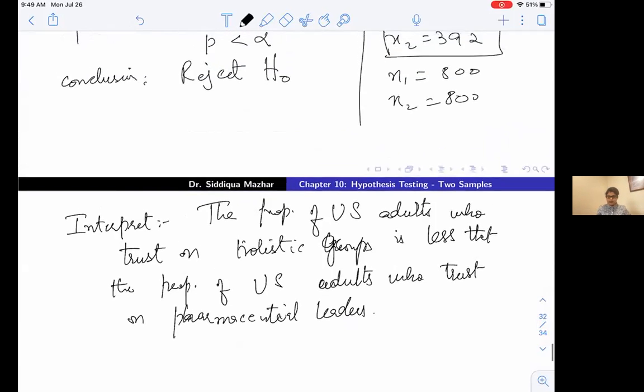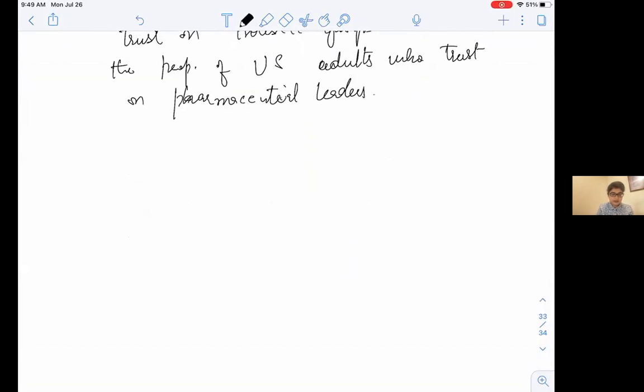This is how you will be writing your interpretation. And this is the end of chapter 10. Now we will be starting chapter 12.